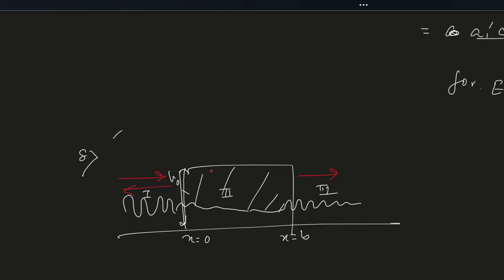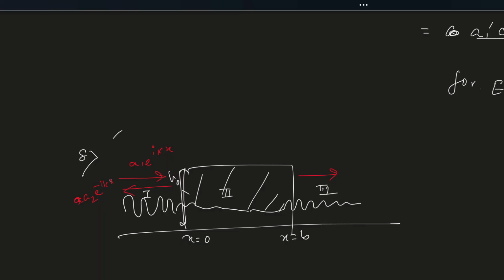So in the question it is asked what is the transmission probability or transmission coefficient, right? So if this is a1 e to the power of i kx, the plane wave, then the reflected component can be a2 e to the power of minus i kx.